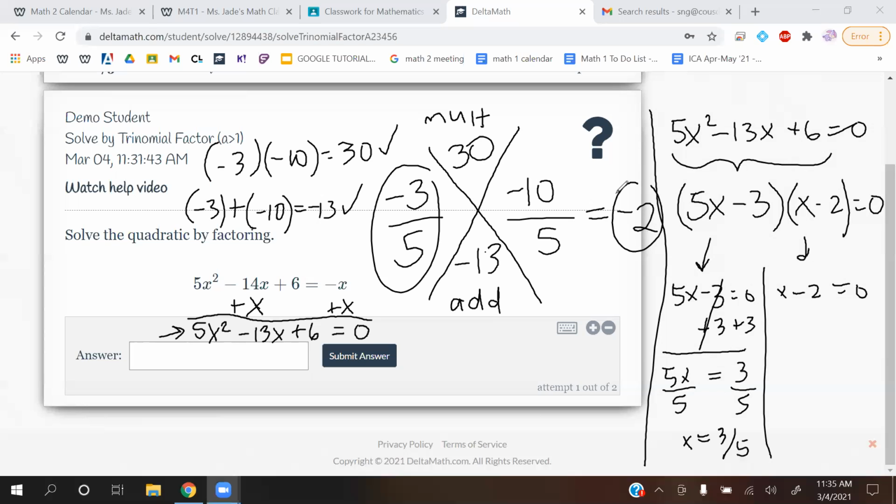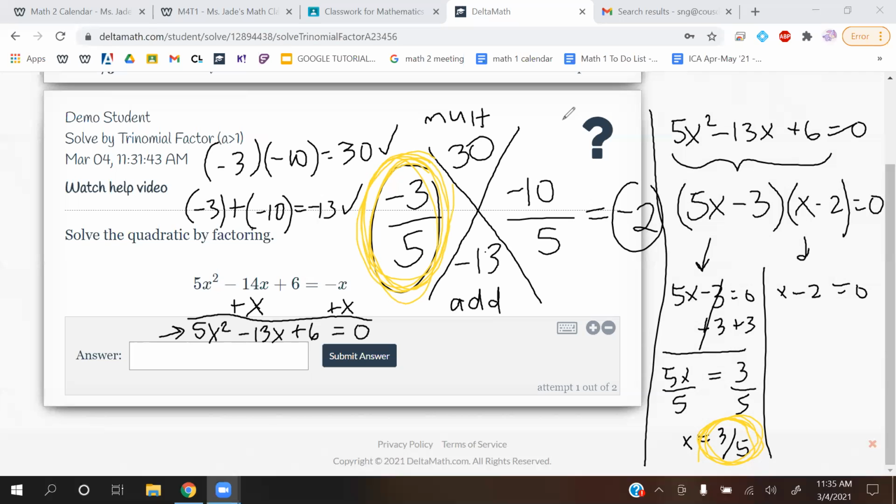So you might notice that this number is the opposite of the one that we set over here. So our x value, the 3/5, is the positive 3/5, whereas when we did our x factoring, you said it was negative 3/5. So it's just the opposite. So if you know that trick, you can skip some of these steps, okay? So the x value in our answer is the opposite of what we did in our x factor.